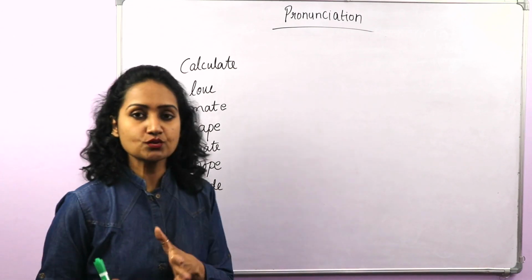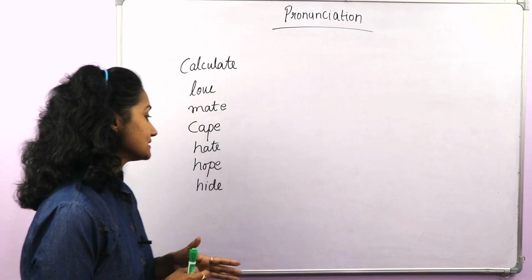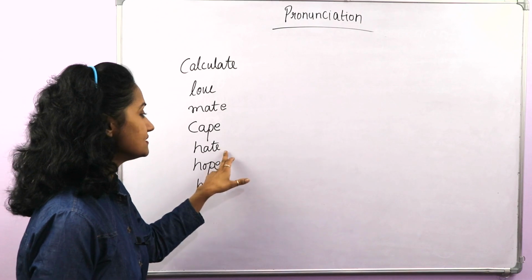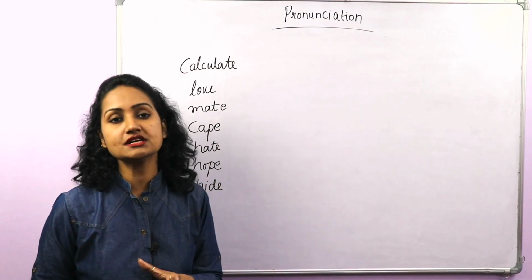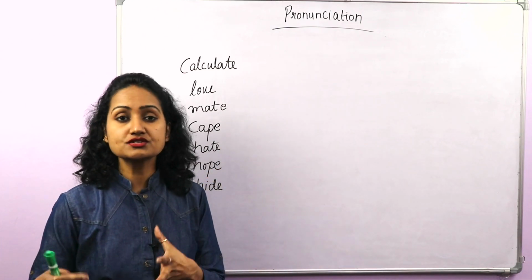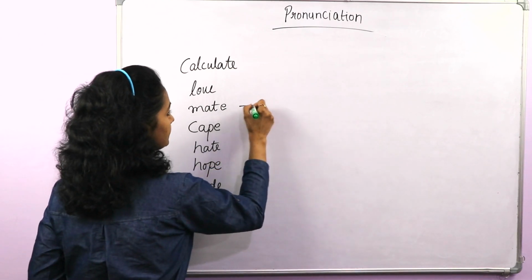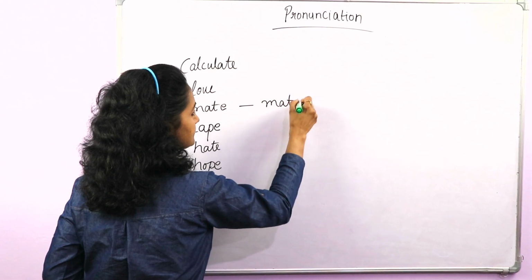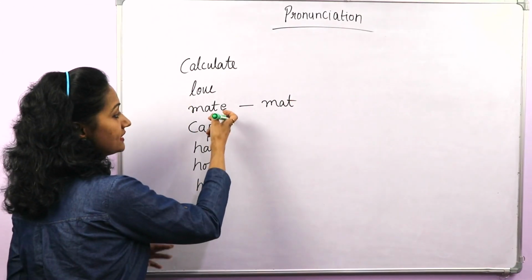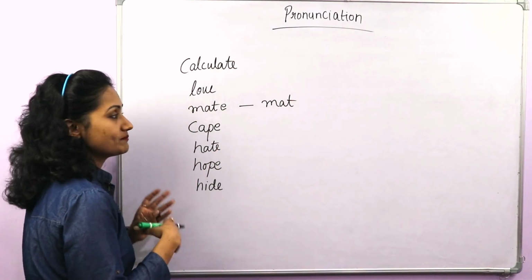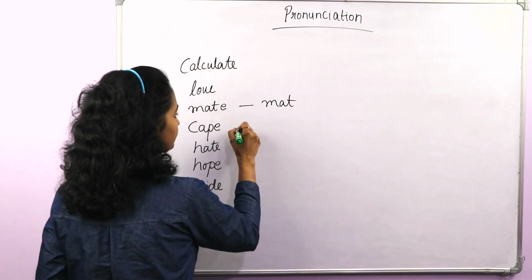But have you noticed one thing here, that sometimes letter E changes the pronunciation of the word. It allows the word to have a long sound. How? M-A-T is mat, but when there is an E, it's mate.